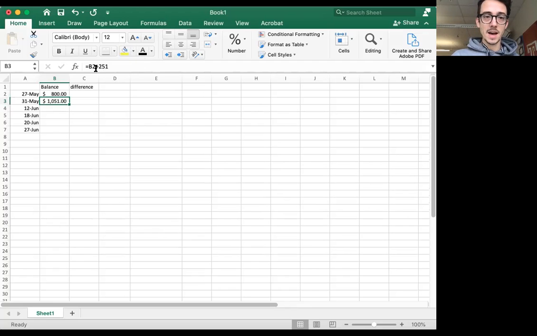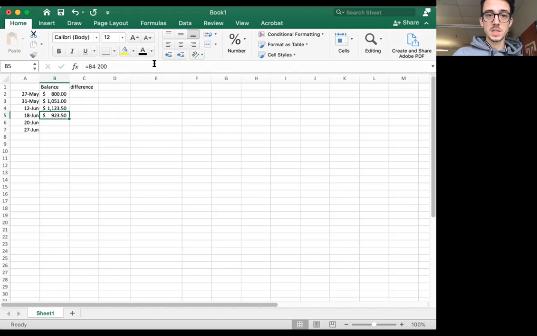So I'm taking the previous amount, B2, and just adding on $251. Notice I'm letting Excel do the math for me. Sound good, right? Less for us to do. We have the transaction adding on 72.5. So again, take the previous B3, add on 72.5.